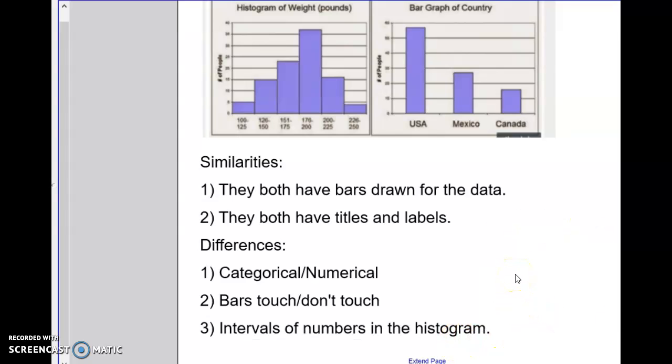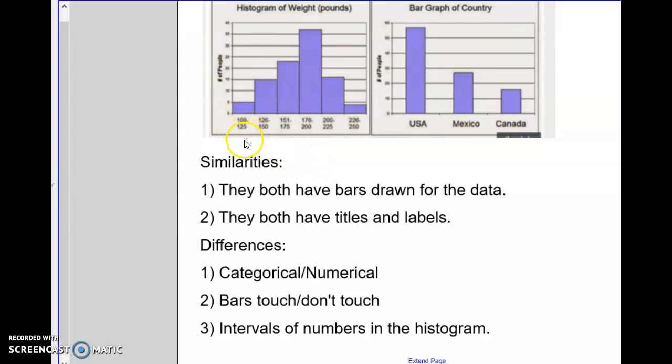Okay, another difference, which I've briefly already talked about, is that in a histogram, you will have intervals of numbers, not categories or words, but numbers. These are called intervals or groups. See, when they did this, a lot of people recorded their weight for this particular survey.